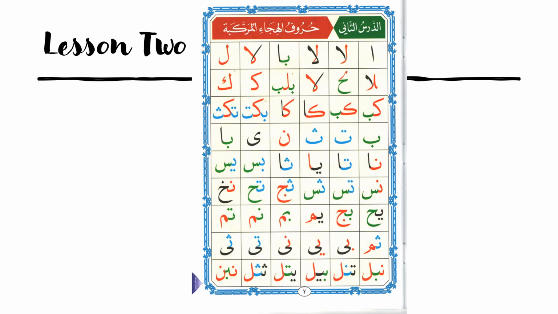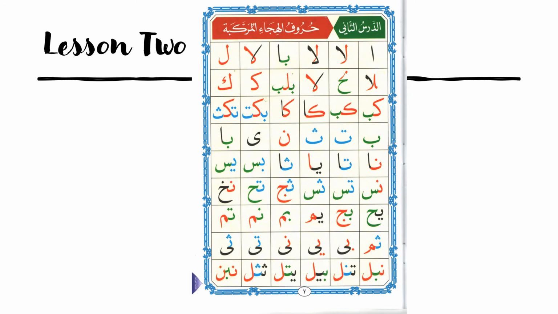So all this shows you the shape of the ya at the end, and if the letter comes before them, the ba, ya, noon, ta, and tha all look the same in the beginning, just the number of dots above or below.